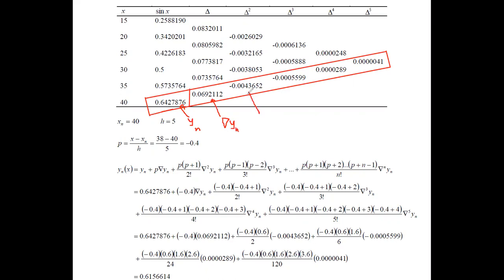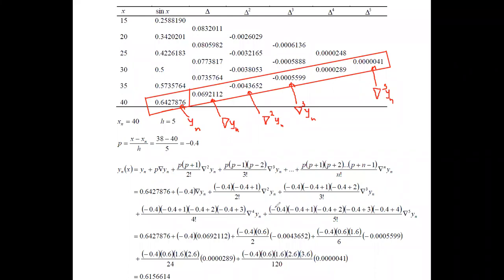Then this is the value nabla 2 yn. This value is nabla 3 yn. Likewise this would be nabla 5. Now you have the values for all these differences with respect to the last value.